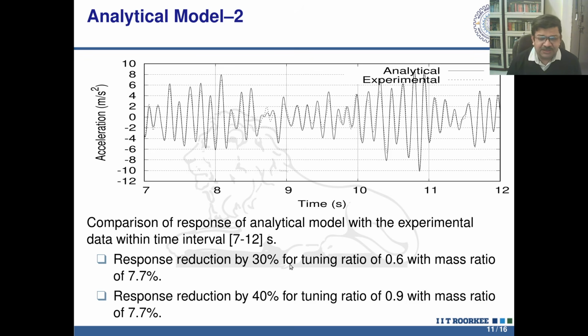And if in the analytical model we improve the tuning ratio to 0.9, the response gets reduced by 40% for the same mass ratio. If we increase the mass ratio to 10%, there will be further reduction in the lateral drift or the vibration of the primary mass.